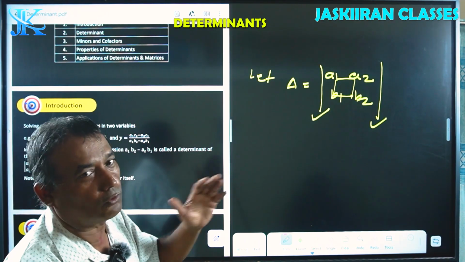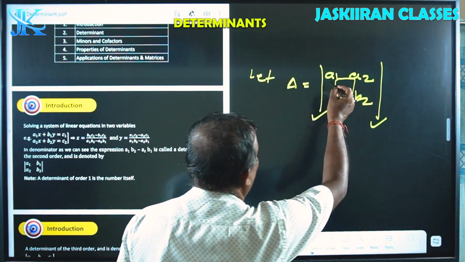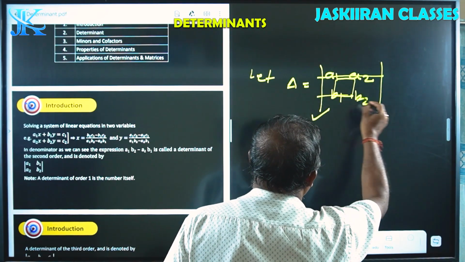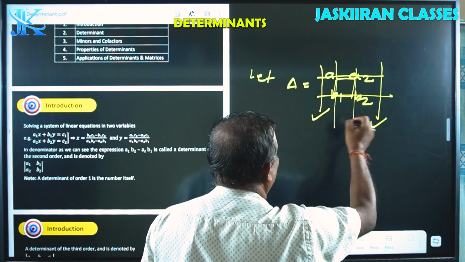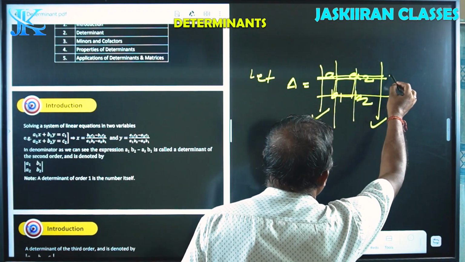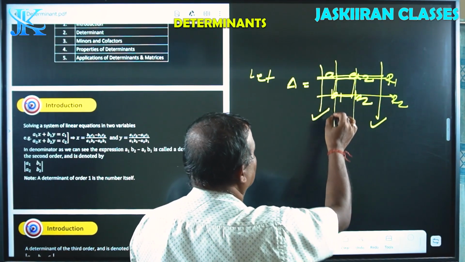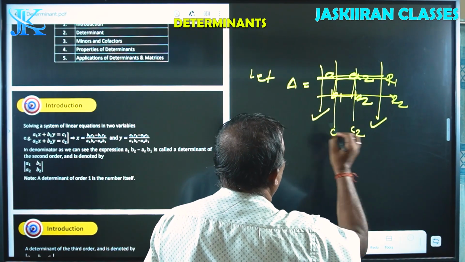Why is it called order 2x2? It has two horizontal lines and two vertical lines. The two horizontal lines are called R1 and R2, and the two vertical lines are called C1 and C2.